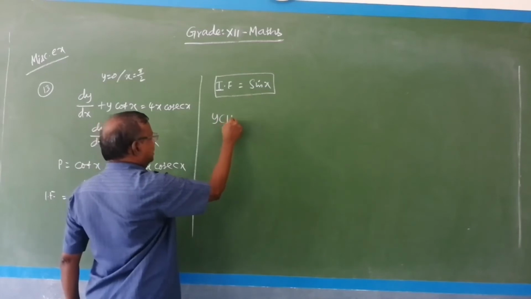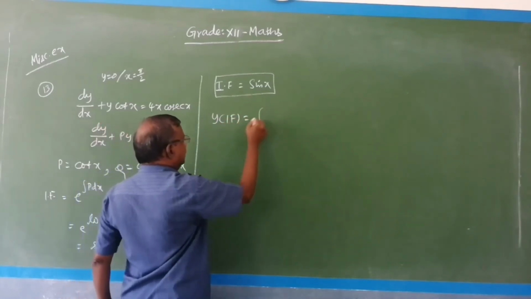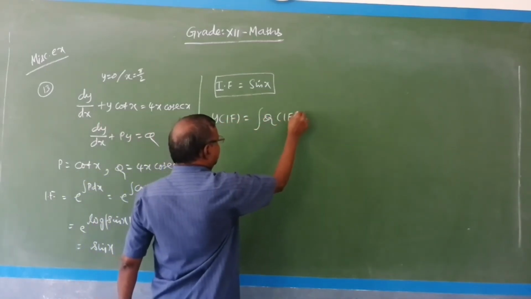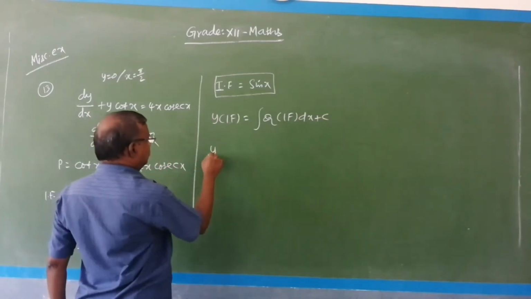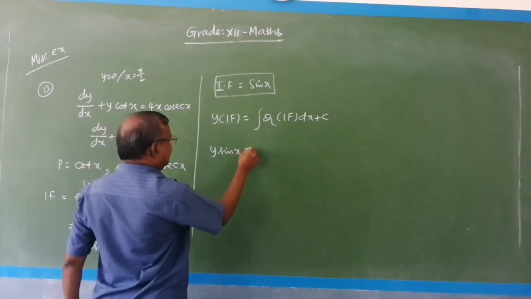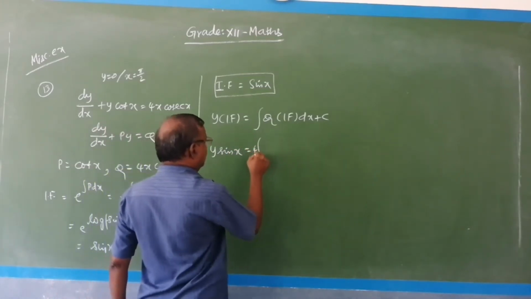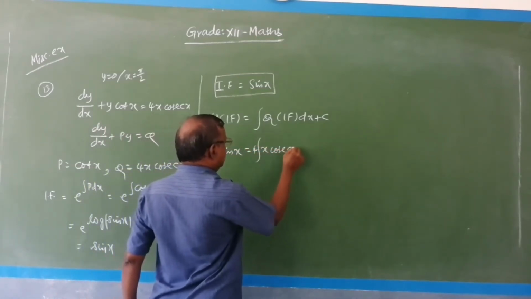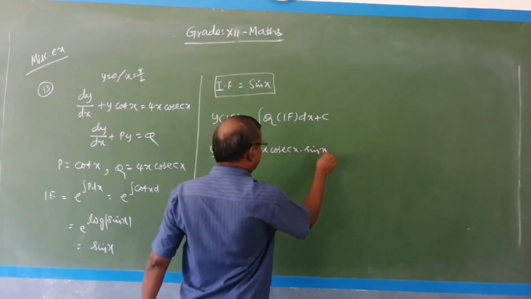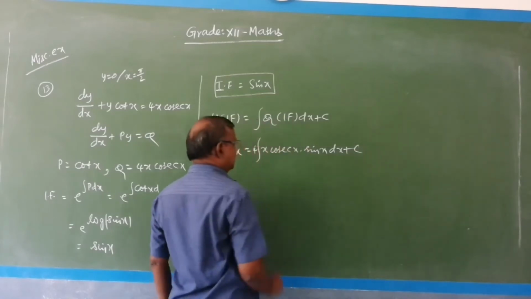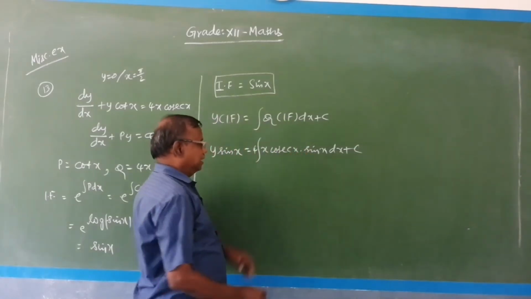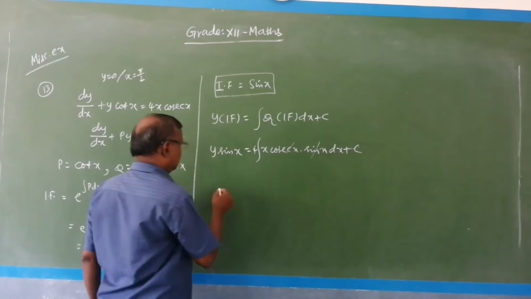The general solution is y into integrating factor equal to integral q into integrating factor into dx plus c. So that is y sin x equal to integral 4 into x cosecant x into sin x into dx plus c. Cosecant x is nothing but 1 by sin x, into sin x is 1.